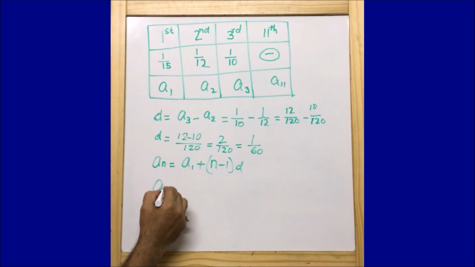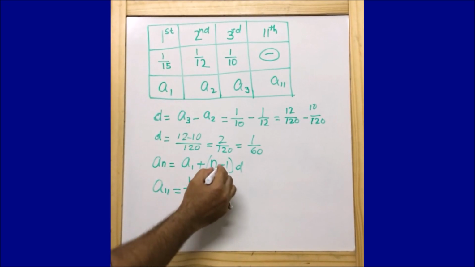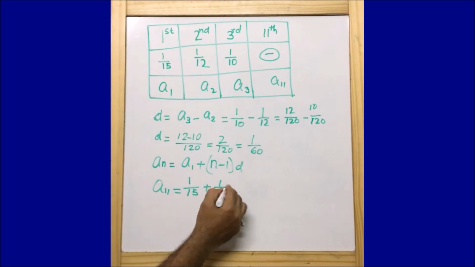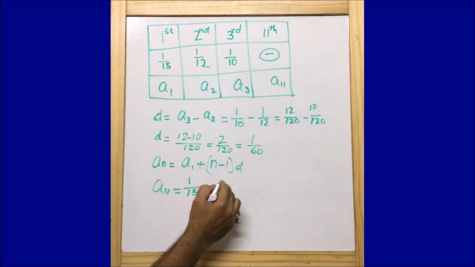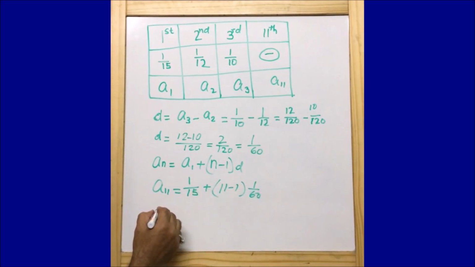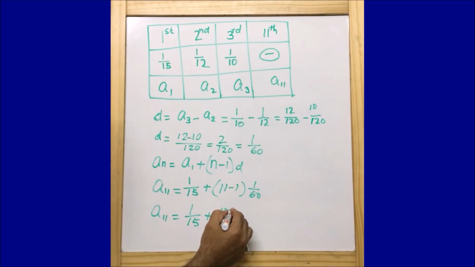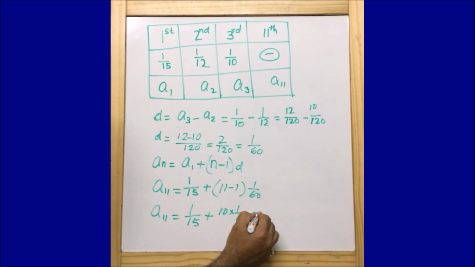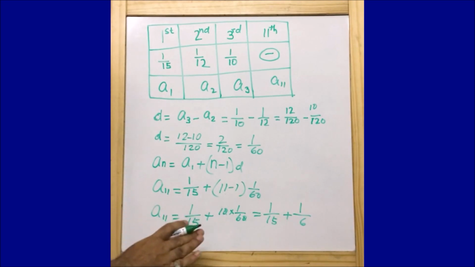So A11 is equal to A1, which is 1/15, plus (n minus 1) into D. Sorry guys, here n is 11, so 11 minus 1, into D, and D is 1/60. So A11 is equal to 1/15 plus 10 into 1/60, which is equal to 1/15 plus 1/6. I believe we are very clear till here.